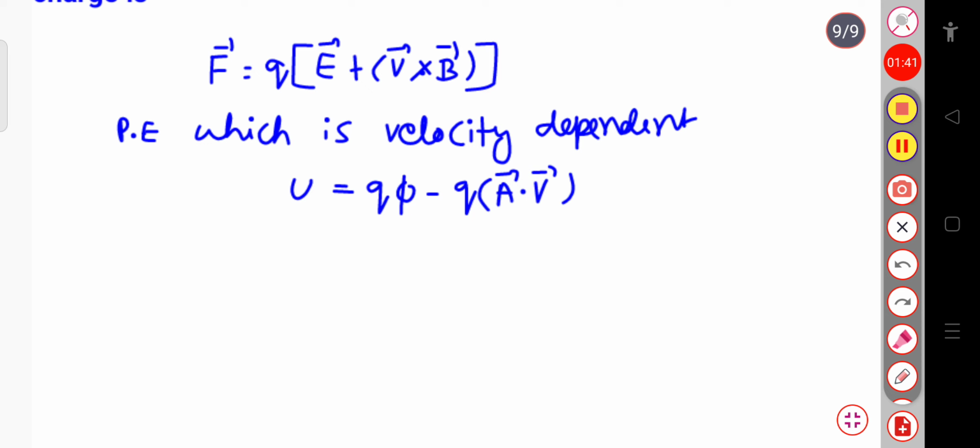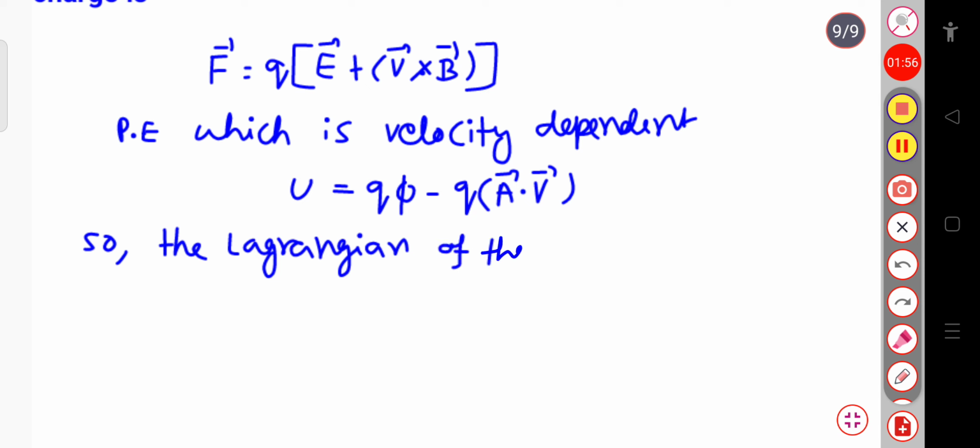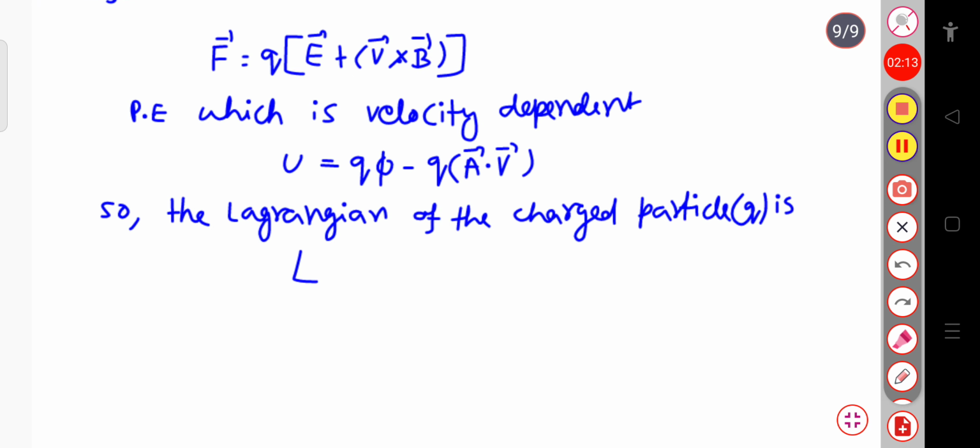So the Lagrangian for the charged particle Q can be written as L. This is basically kinetic energy minus the potential energy.